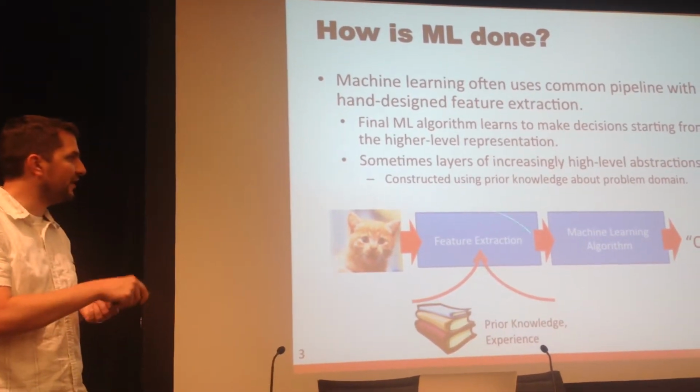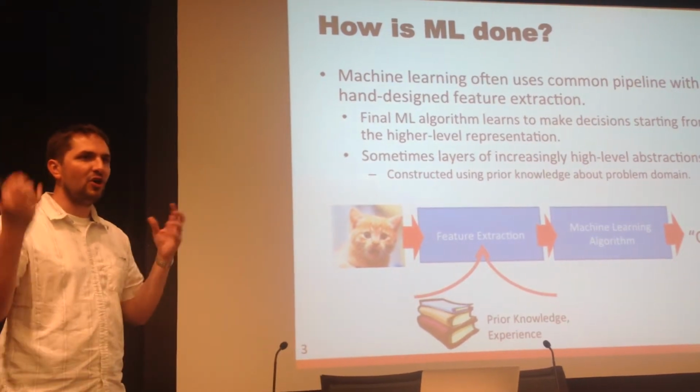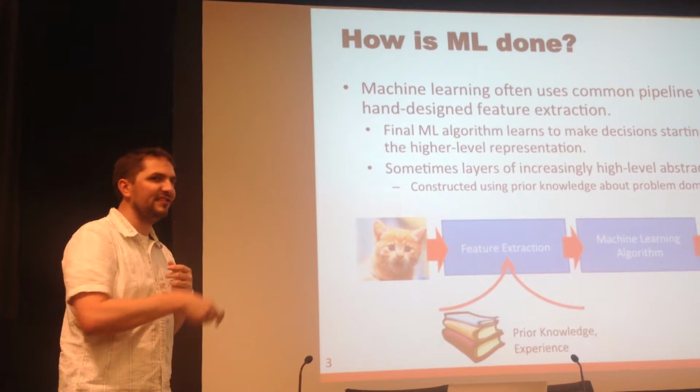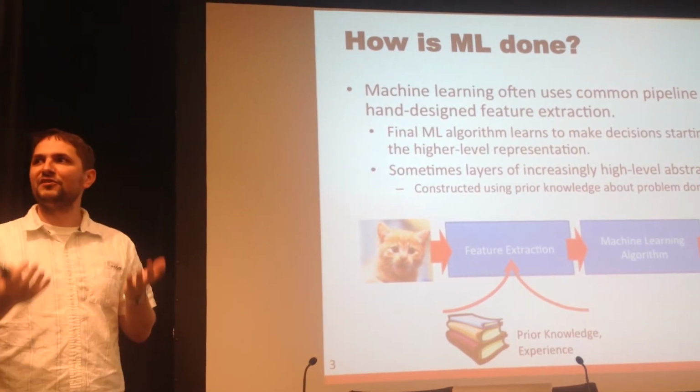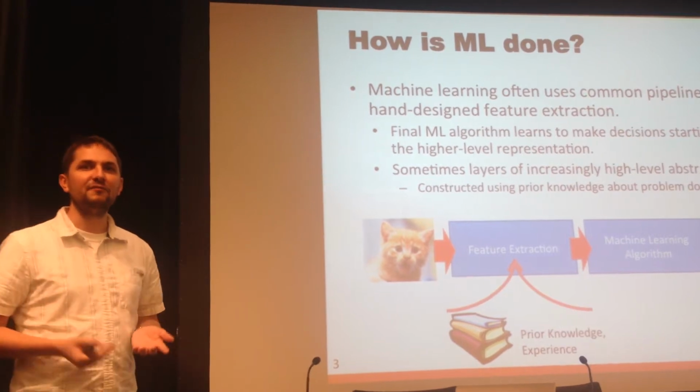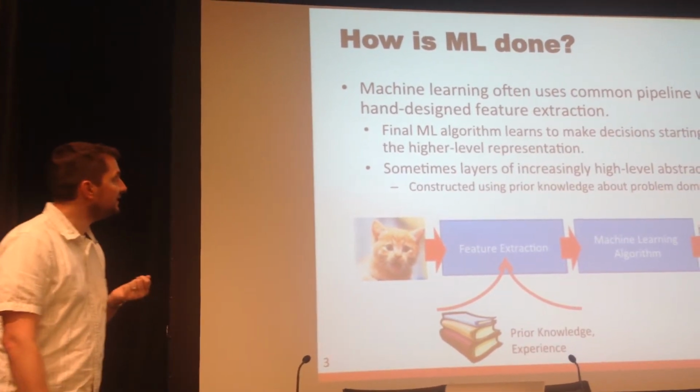In practice, the way that we end up building these things is to put all of our prior knowledge and experience about the world and try to wire it into this system. Like, how is it that images work? How do we remove shadows and blemishes from the image that might confuse our algorithms?